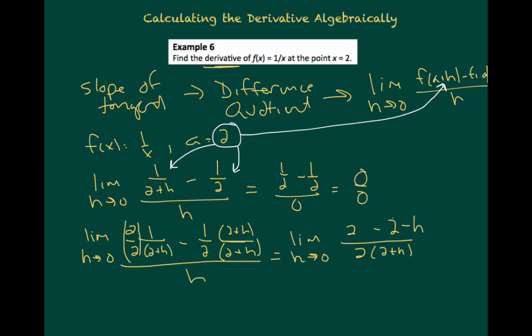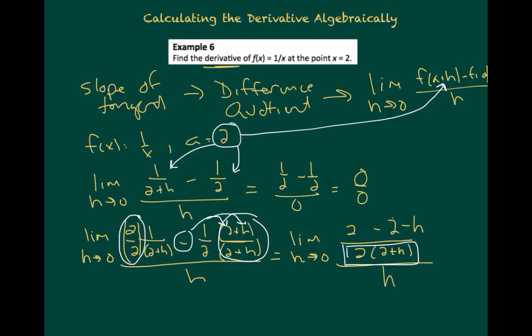Okay, you can see that I multiplied the left term by 2 over 2 and the right term by 2 plus h over 2 plus h in order to get the common denominator. That gave me a common denominator in the numerator of 2 times 2 plus h, and so my numerator became 2 minus 2 minus h, because I had to distribute that negative sign to both terms of that binomial.